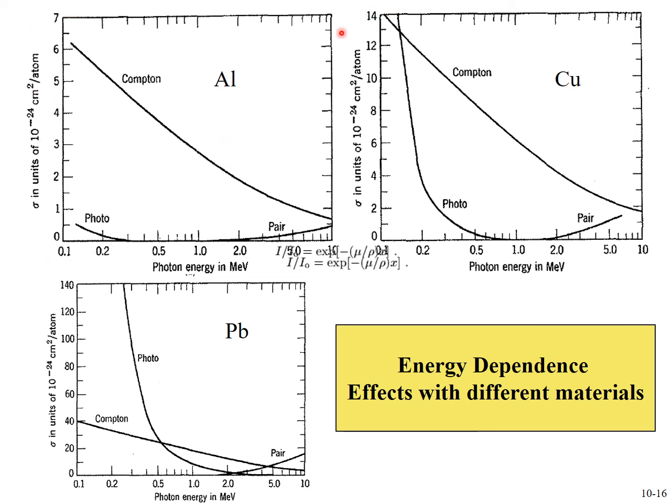whereas for copper, the cross section goes up to on the order of 20 barns, and for lead, the cross section for Compton is 40 barns, whereas for the photoelectric effect, the cross section is massive, well over 200 for energies below 0.2 MeV.